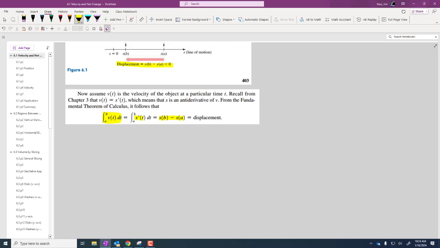Right? The derivative of position is velocity. So in other words, s is an antiderivative for v. If we integrate velocity, we get position. And the beauty of the definite integral is that it creates this s of b minus s of a instantly for us. So displacement, super convenient. We just do the definite integral from a to b, and that gives us our displacement.